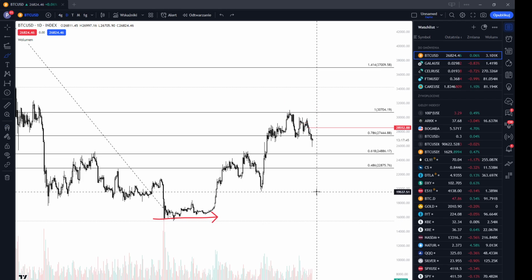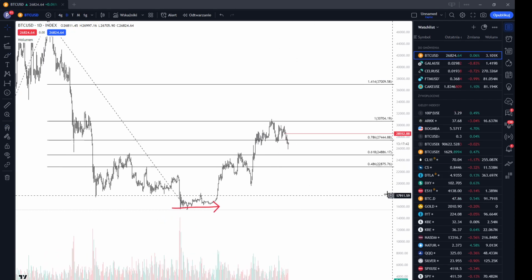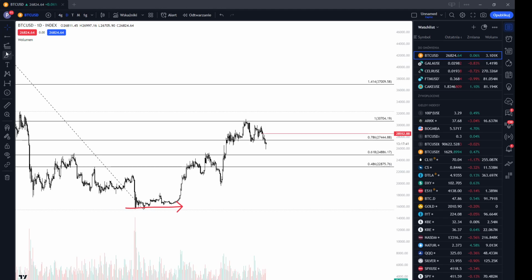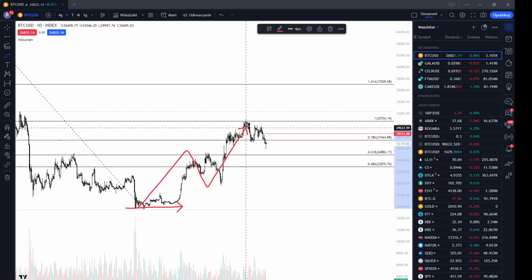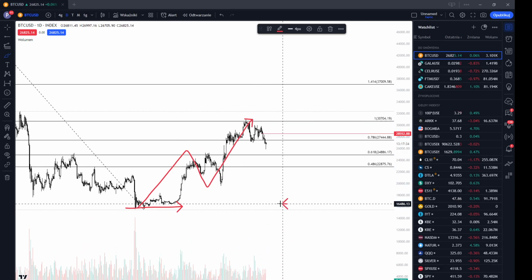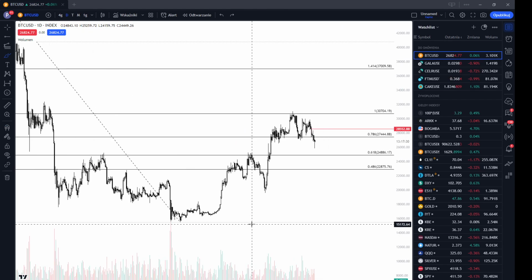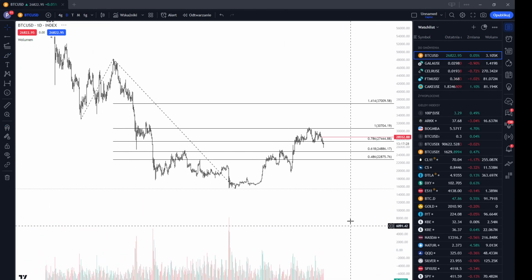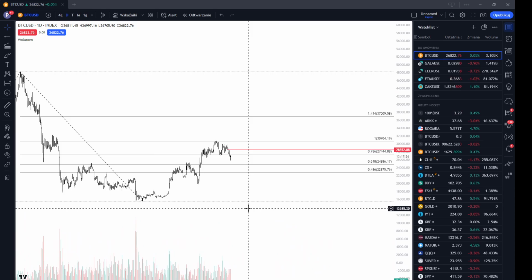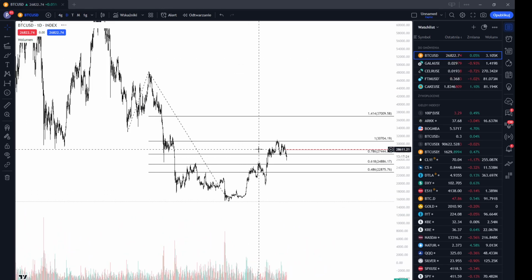If they fail to do this, if they fail in convincing the market that it was an A, B, and C, and they do not create a new low, then my expectation is this is an indication that we either fully or heavily exhausted the downtrend.